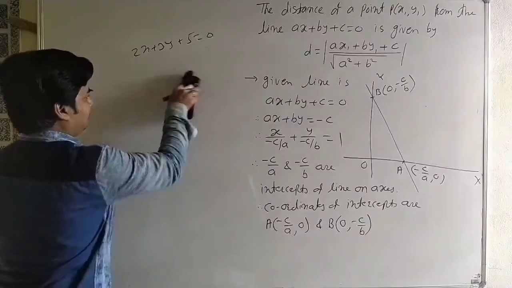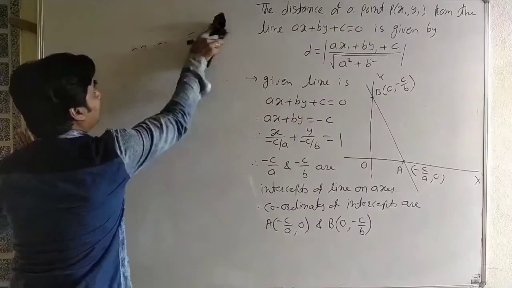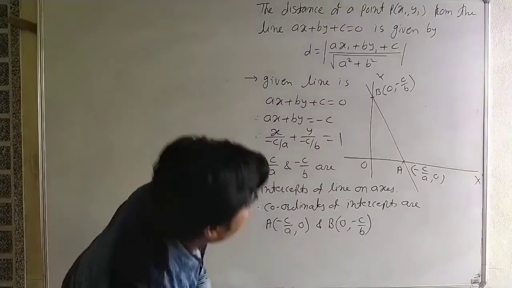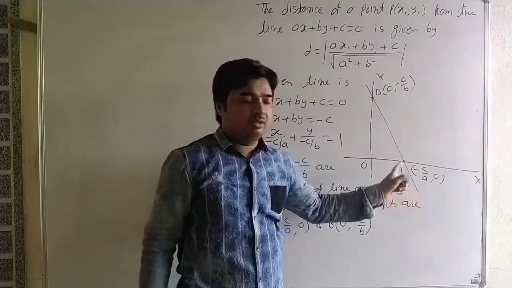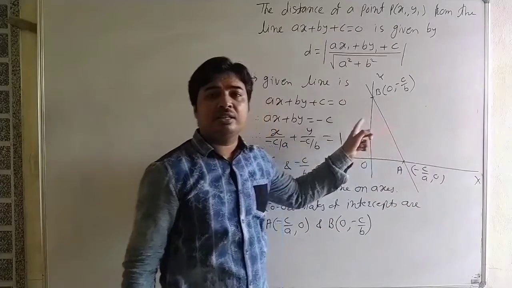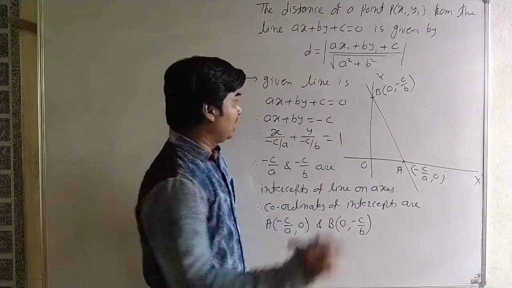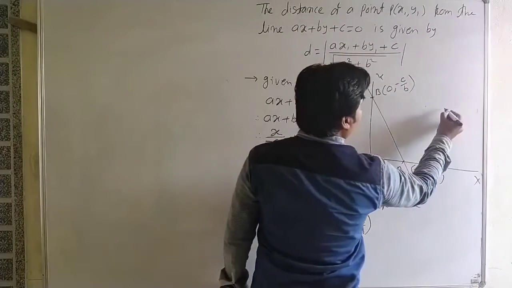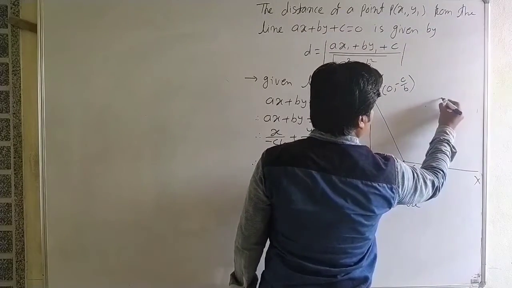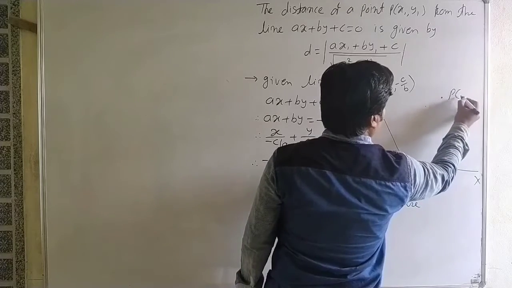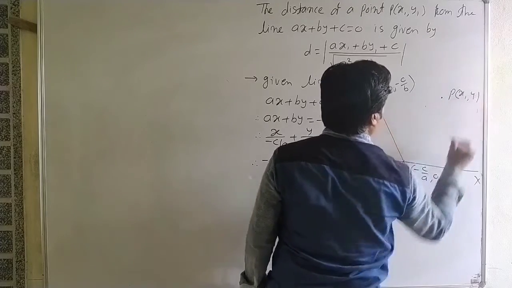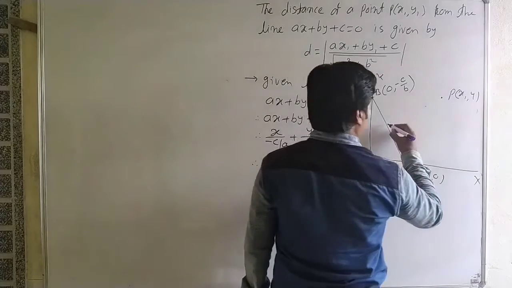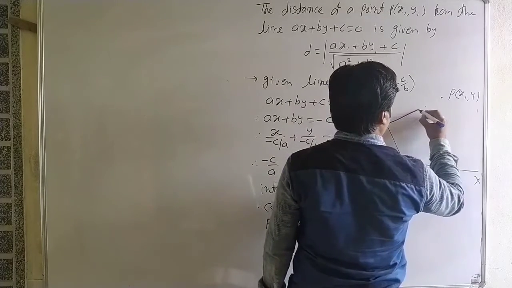Now these are the coordinates of the x-intercept and the y-intercept. Now P is any point in the space, P(x1, y1), and we want to find the distance of P from the line.